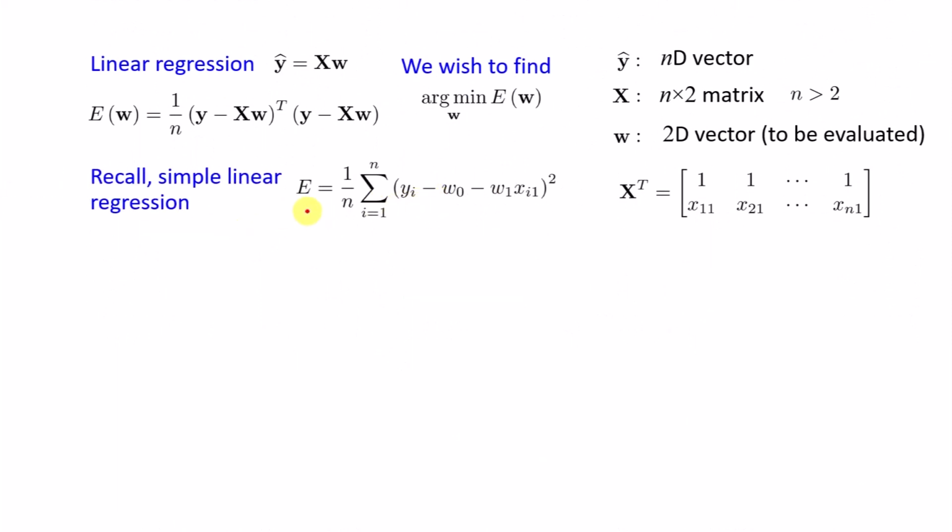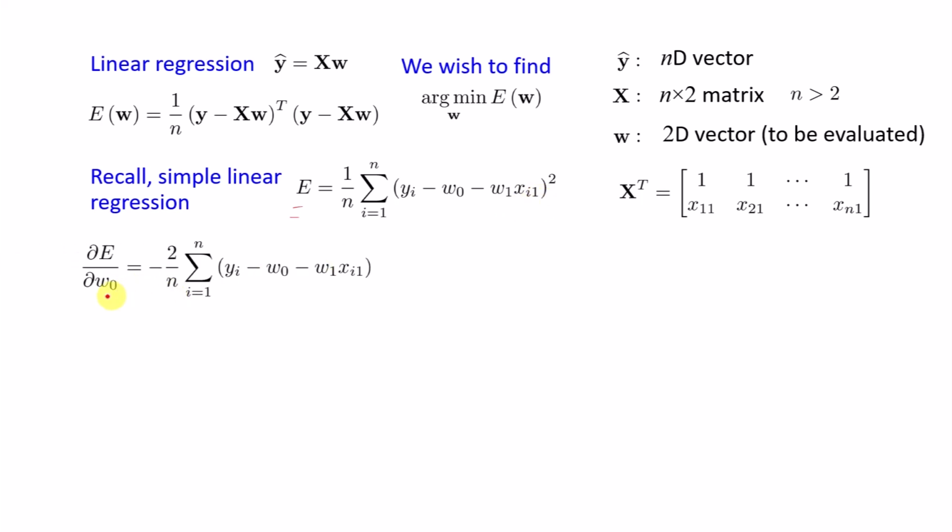recall from simple linear regression that we have discussed before, the cost function E comes as 1 by n summation of yi minus w0 minus w1 xi1 whole square. At that point we didn't really use this xi1, we were only using xi, but here we have x1 as the variable, that is why I am writing this 1, otherwise it looks just the same.